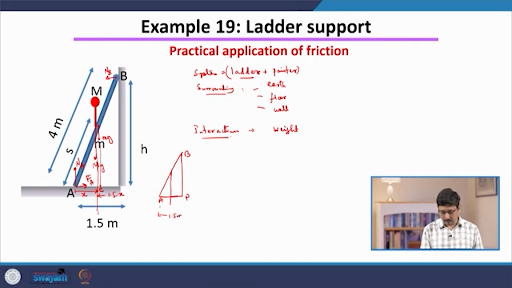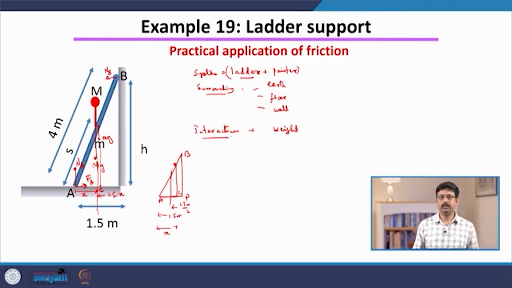So, this point must be 1.5 meter by 2, and let us call that S. So, this is the line of action. So, this point is C. So, this AC is X.